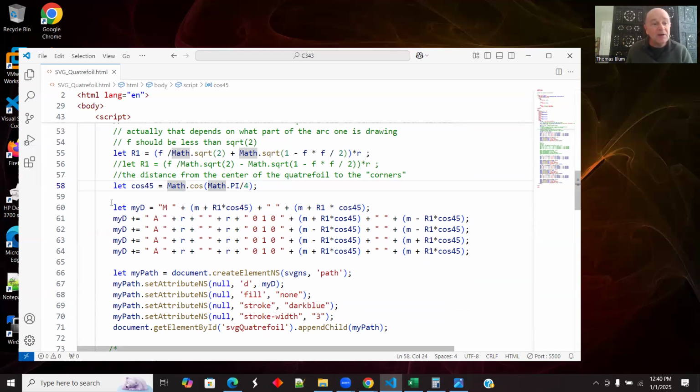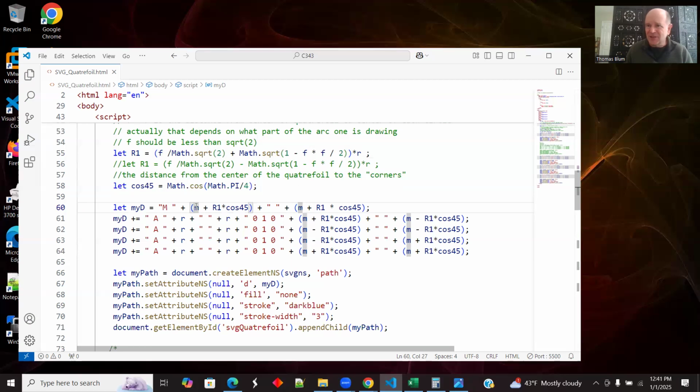Okay. So here's me drawing my basic quatrefoil. So I have a thing that SVG calls D, which is a property of a path. And I start off with a point, and MM are the coordinates or sort of the center of my image.